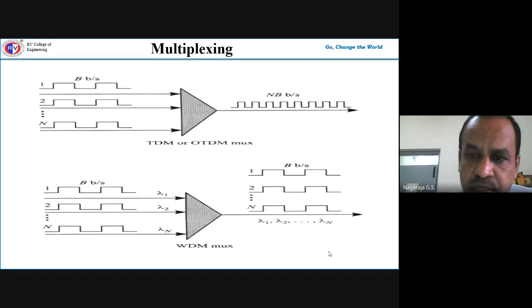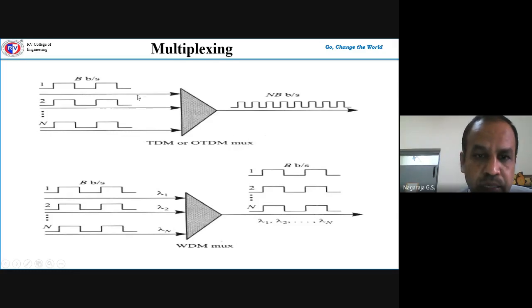This is a simple pictorial representation of multiplexing. Look at the top. There will be n channels of bit data coming in, which combines all the signals together, and the data is transmitted over a single transmission medium here.